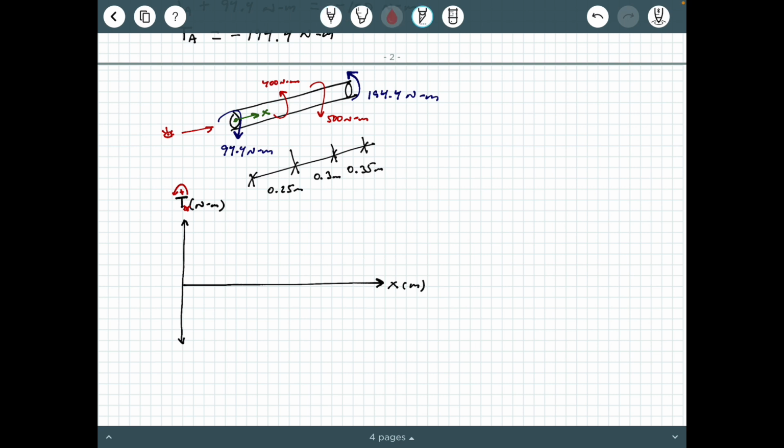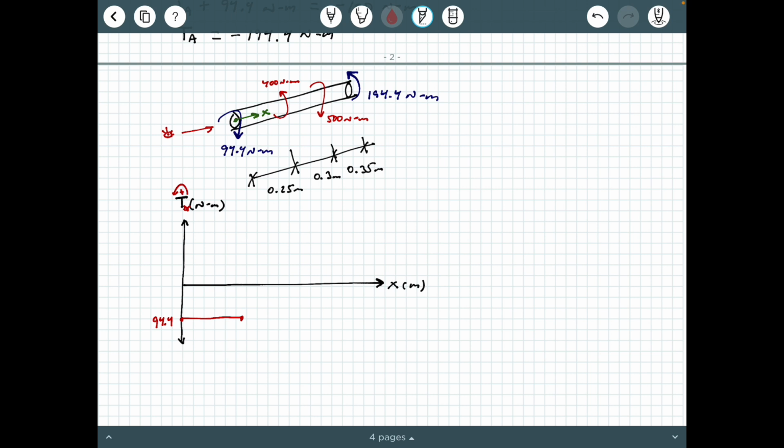So the first thing I encounter is the 94.4 Newton meters going clockwise, which means I'm going to jump down 94.4, right? And then nothing happens for the first 0.25 meters. So I'm going to stay constant for 0.25 meters. And then I'm going to encounter 400 Newton meters going clockwise based on this viewpoint, which is going to jump me upwards, right?